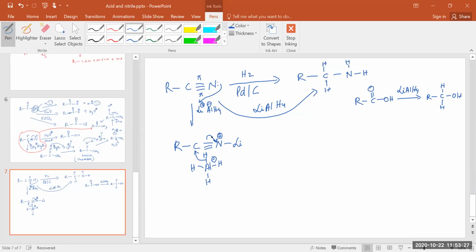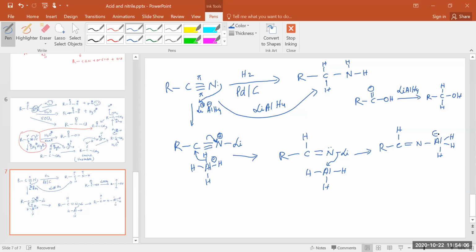Okay. So one hydride will be shifted to the carbon and nitrogen will form, and here you will have this lithium, and you have Al. Now you have this one here. So this lithium will be exchanged with aluminum. So what will happen? RCH double bond nitrogen AlH3 minus.